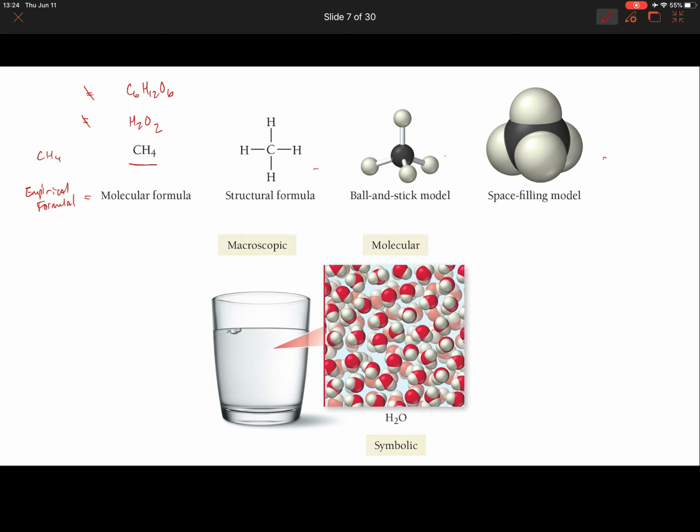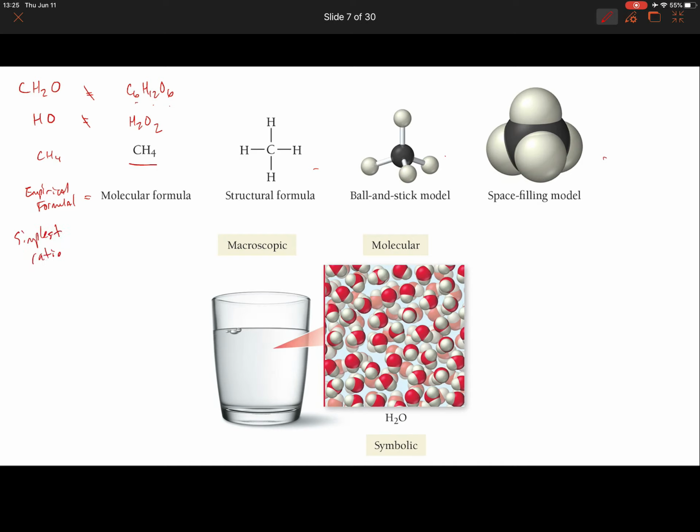For the case of H2O2, we could say that it's HO, one H to every O. Two H's to every two O's is the same thing as one H to every O. What about for C6H12O6? CH2O. For every carbon, there's an oxygen, and for every carbon, there's two hydrogens. And that's still true.